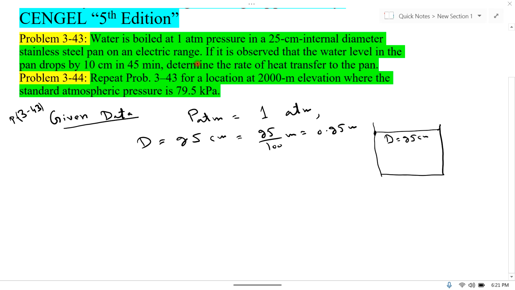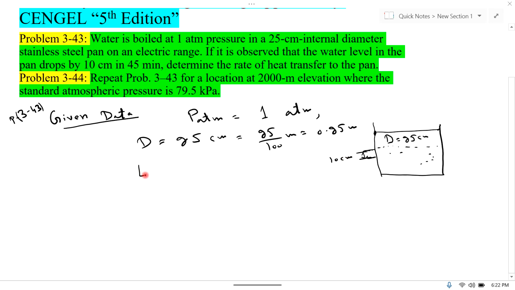on an electric range. If it is observed that the water level in the pan drops by 10 centimeter, it means that let's suppose this is the water level, and after 45 minutes the level of the water drops by 10 centimeter.